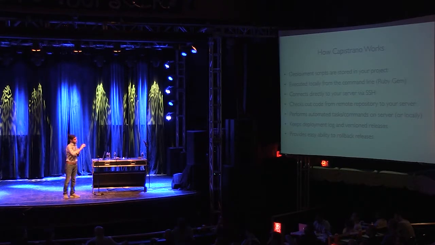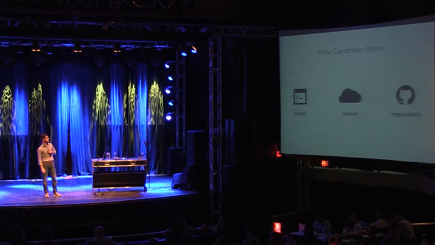So I know these are a lot of words, so I did a little diagram to kind of illustrate how Capistrano works. So there's really three components to Capistrano. There's your local environment, which is your actual computer you would be developing on. Of course, your server that you're going to be deploying to, and then your repository, where the code is that you're going to deploy.